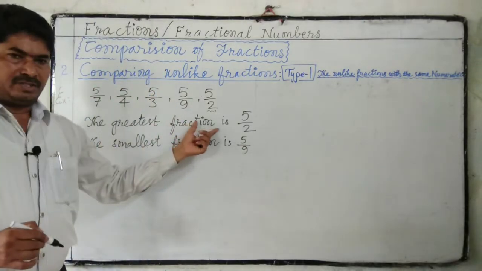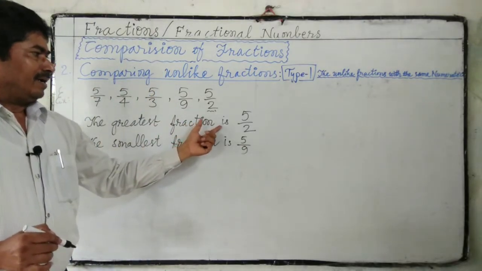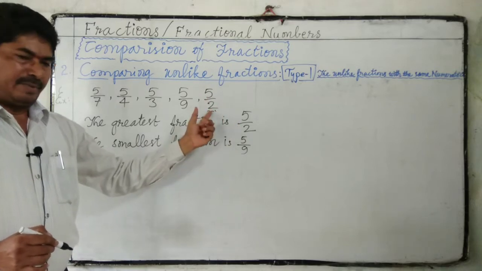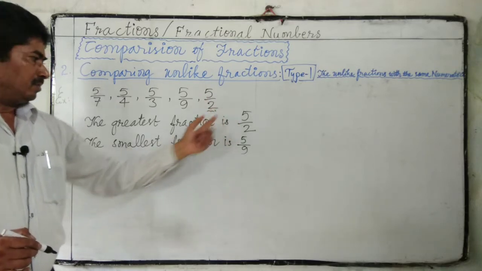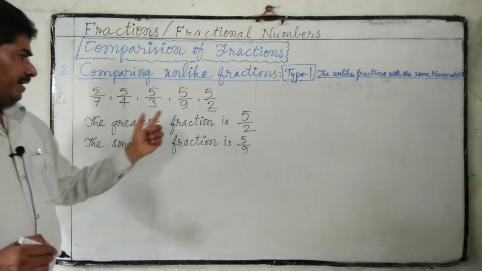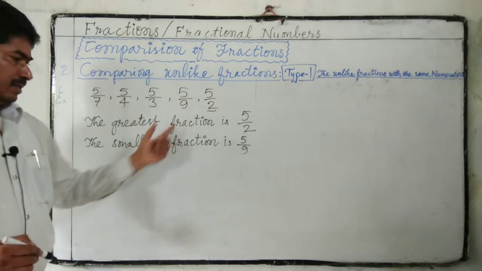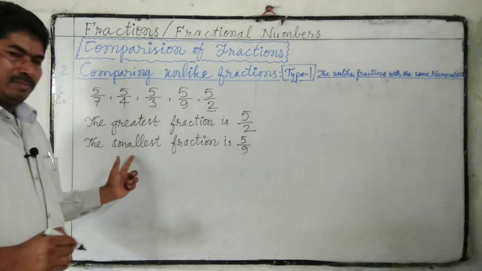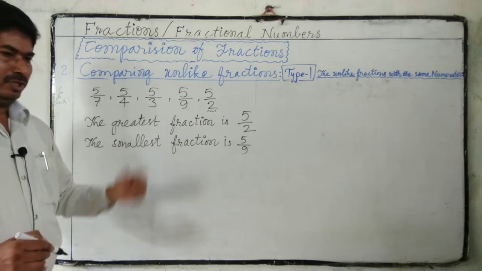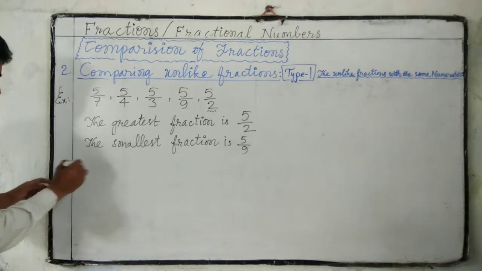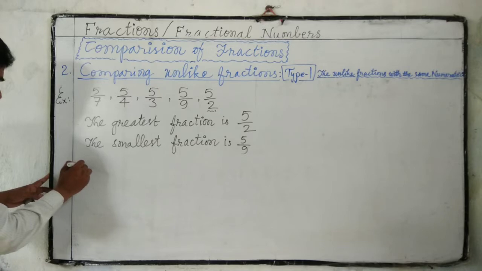The fraction with the least denominator is the greatest fraction. The fraction with the greatest denominator is the smallest fraction. Now we can write in ascending order.